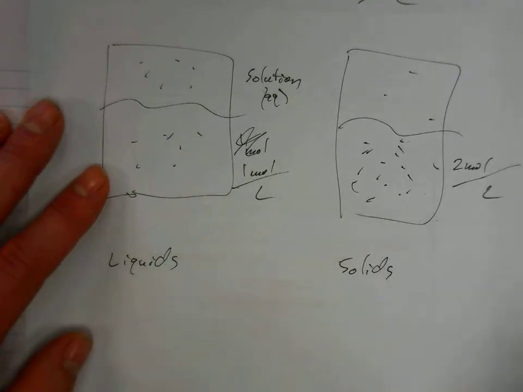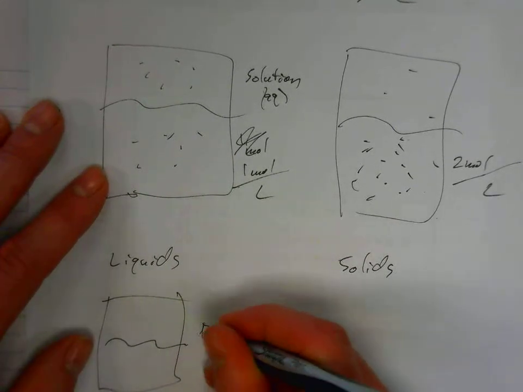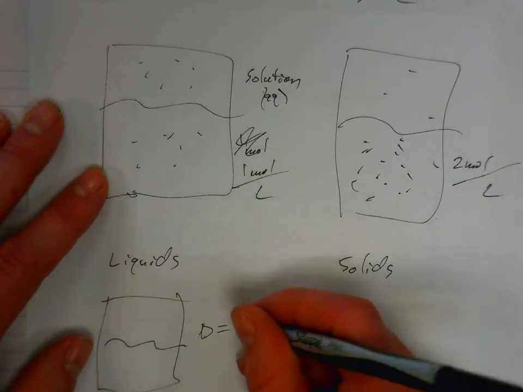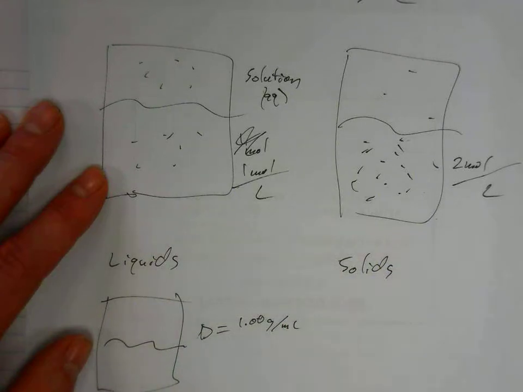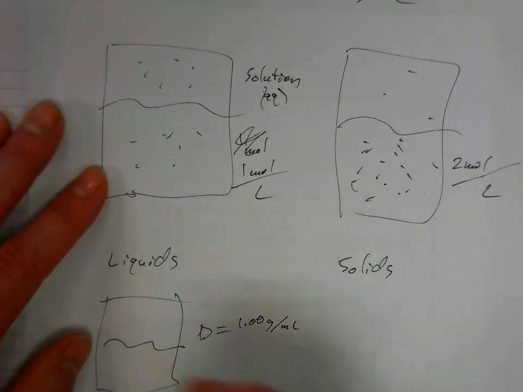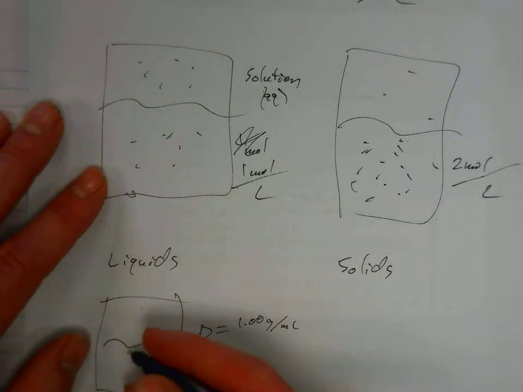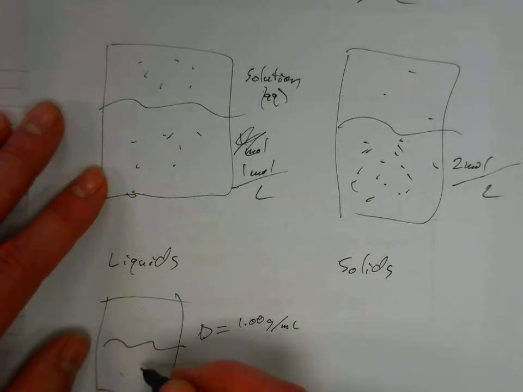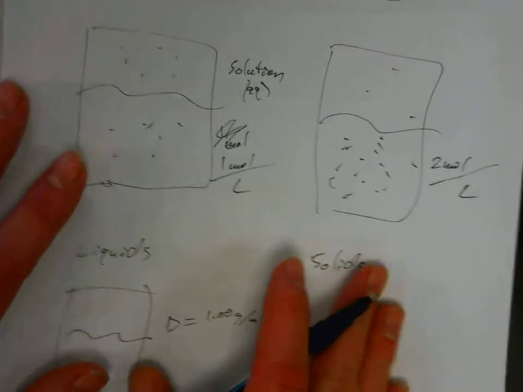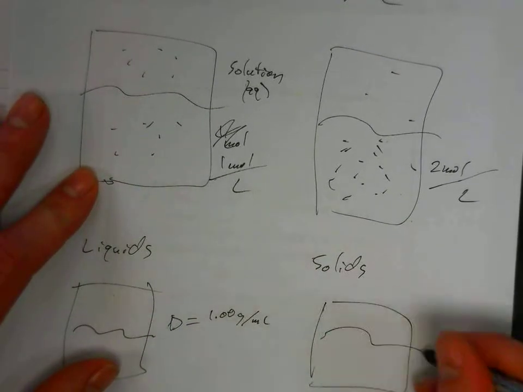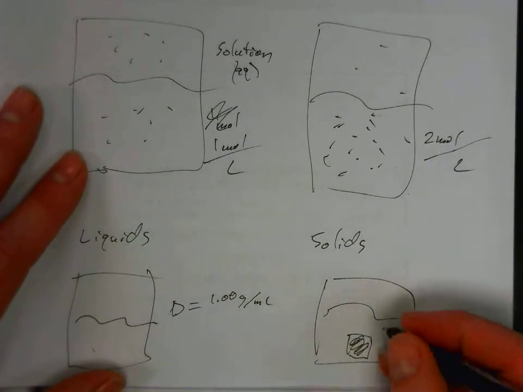So if we have a pure liquid, as long as the density is the same, 1 gram per milliliter in the case of water, if we add pressure or change the temperature, the concentration doesn't change. Likewise, if we have a hunk of solid in a container, the concentration remains the same.